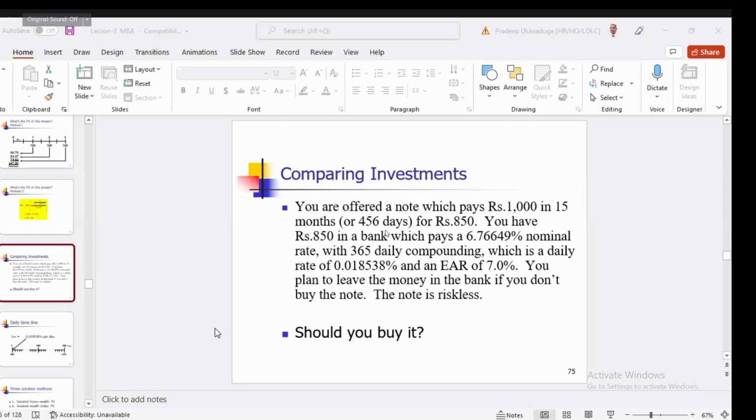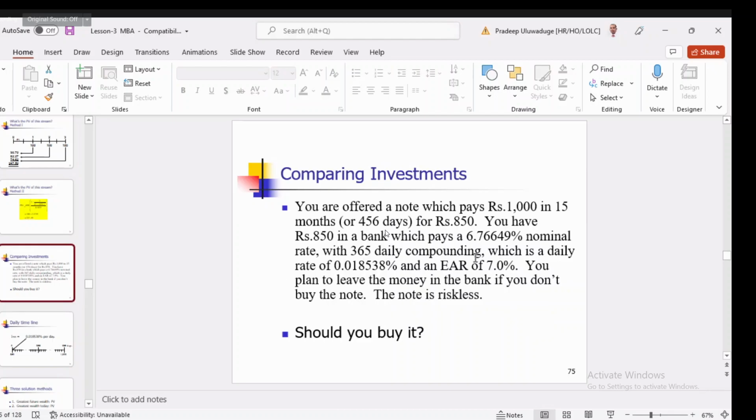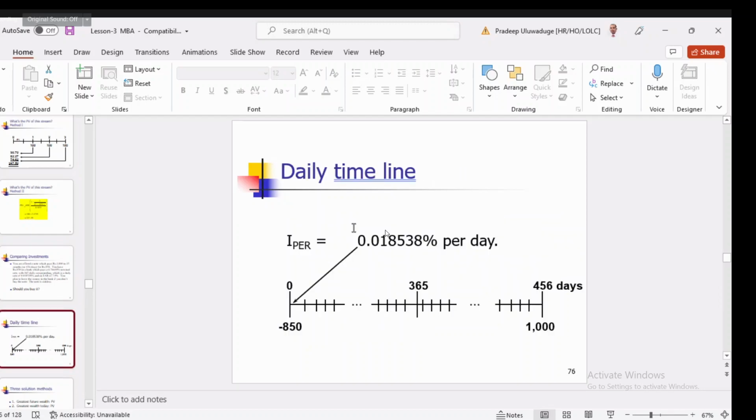So we can buy the note at 850 today if we are interested, right? So 850 is our initial investment and it will take 456 days to mature. The daily rate is given.